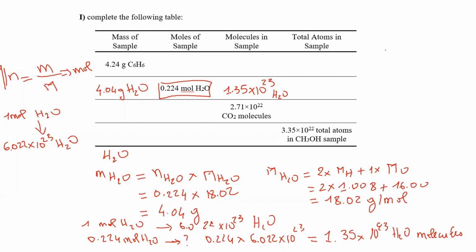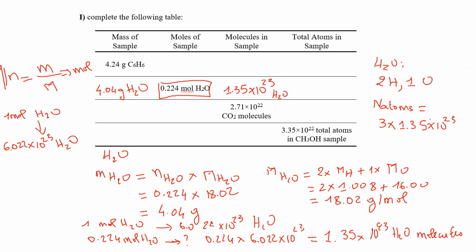And similarly to the previous question, for H2O, you have 2 atoms of hydrogen and 1 atom of oxygen. So the total number of atoms will be 3. So the total number of atoms will be equal to 3 times 1.35 10 to the power 23.